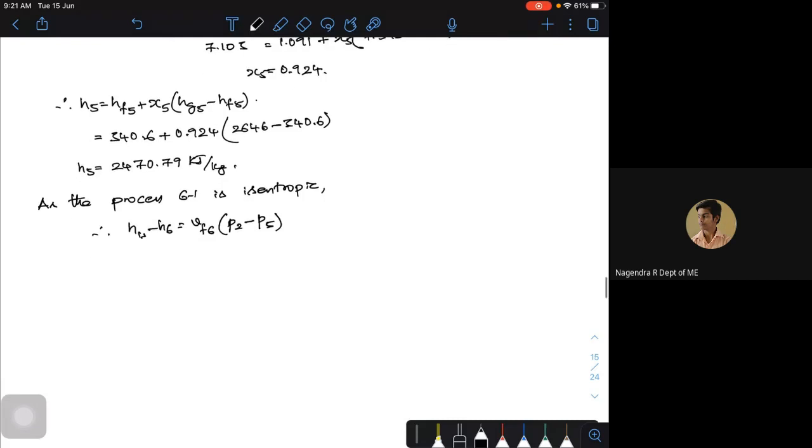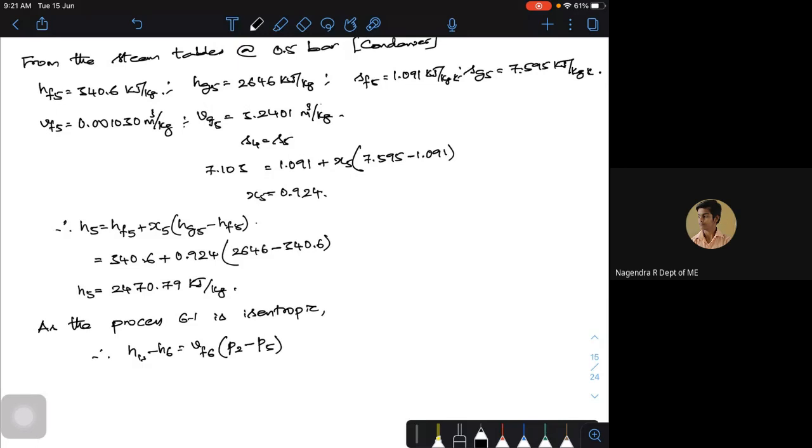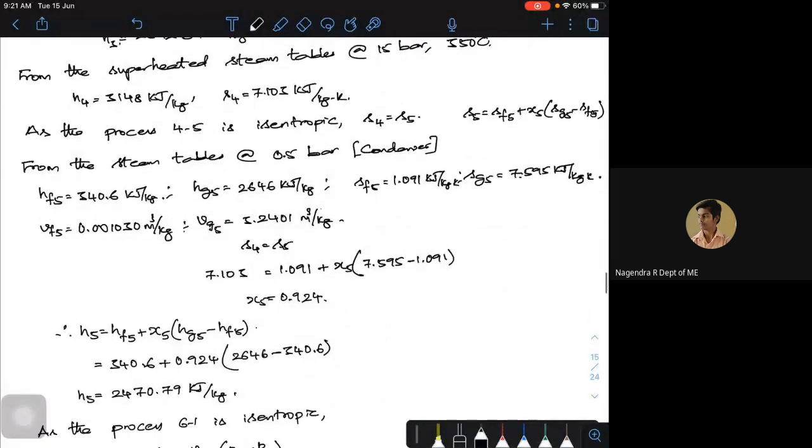Now, what is your VF6? I should go to this particular pressure 0.5 bar and V6. So that is VF6, that is 0.001030. Sorry.